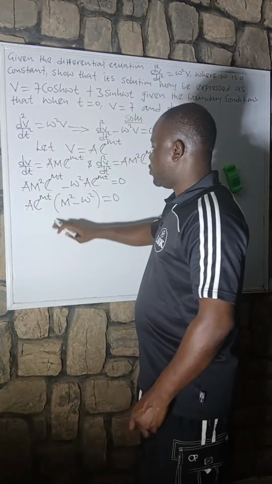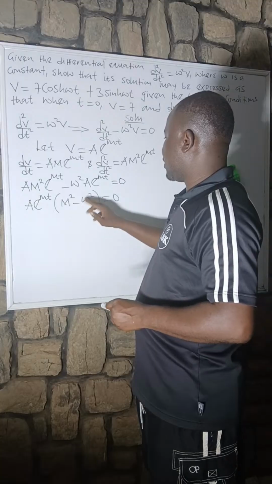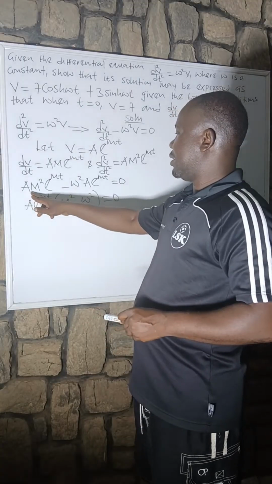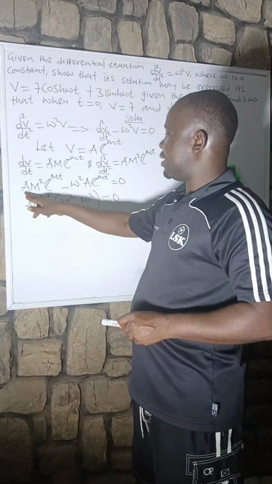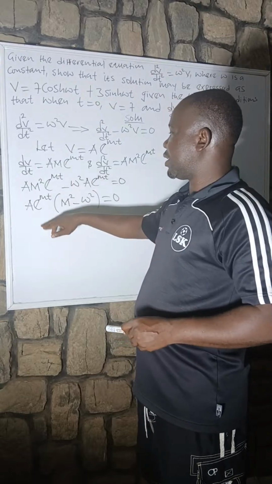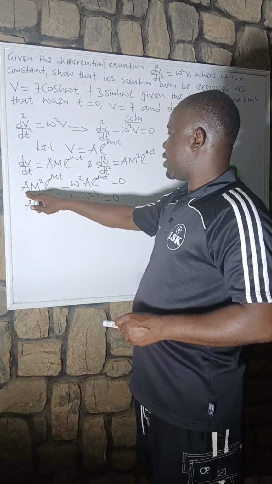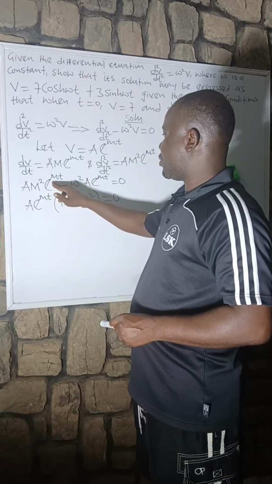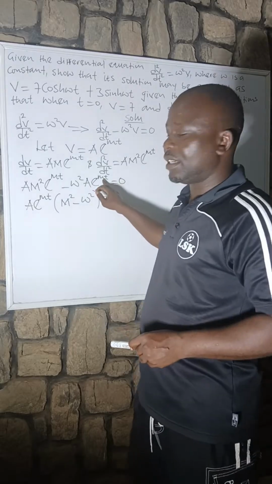I know you may ask, why are we having m square and minus omega square? Look at this. I asked us to identify the common factors here. Then we factor it out. This is Am square exponential mt. So A exponential mt here, we also have A exponential mt here, two of us.